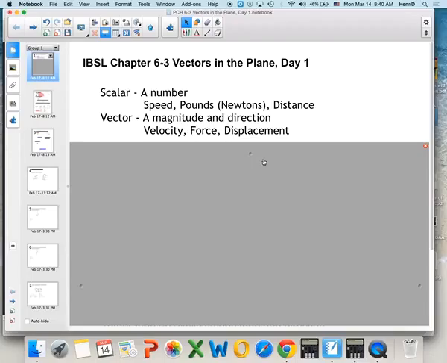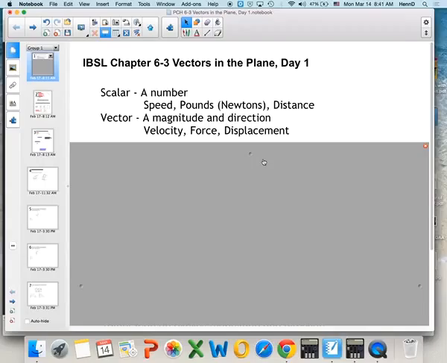If I say someone's pushing with 200 pounds of force, that's a scalar. But if I say he's pushing with 200 pounds of force against a wall, all right, and we can see the wall so we can see the direction that he's going, there, now we have a vector, okay?